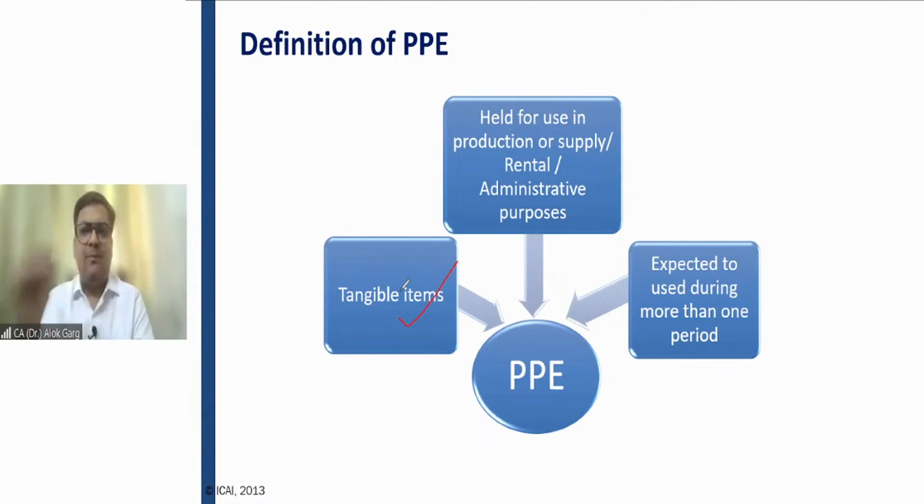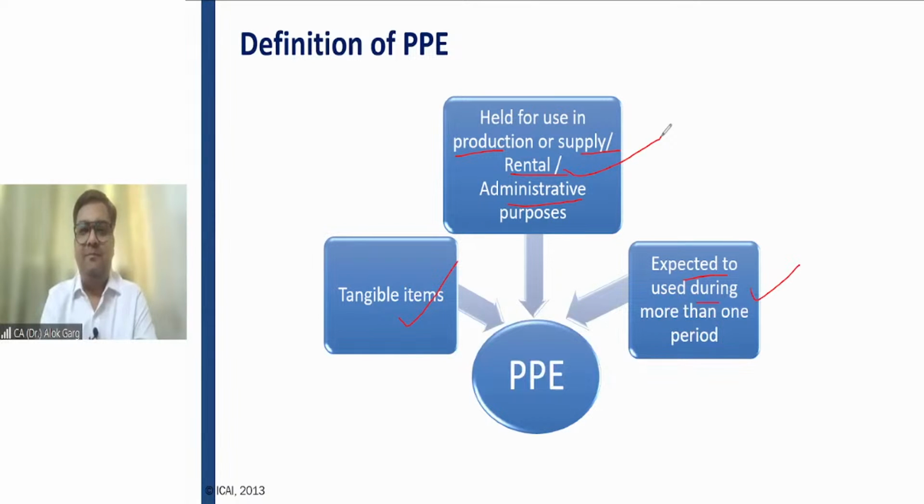Whether building is used in the production, answer is no. Whether it is used in the supply, answer is no. Whether it is for administrative, answer is no. Whether it is for rental, answer is yes. Whether the life of the building is more than 1 year, expected to be used during more than 1 year, answer is yes. So all three conditions have been met. So now, whether building is PPE, answer is no. Building is not PPE if it is held for rental purposes.